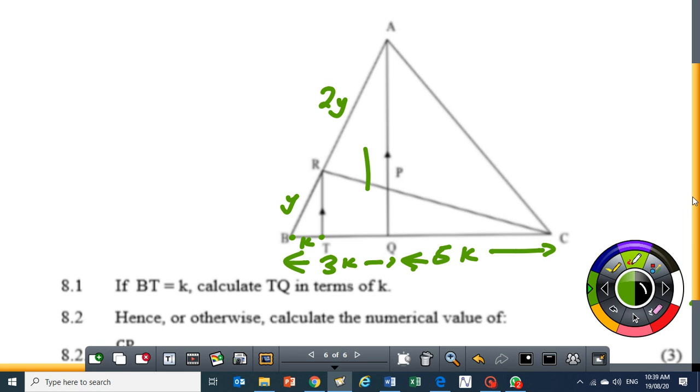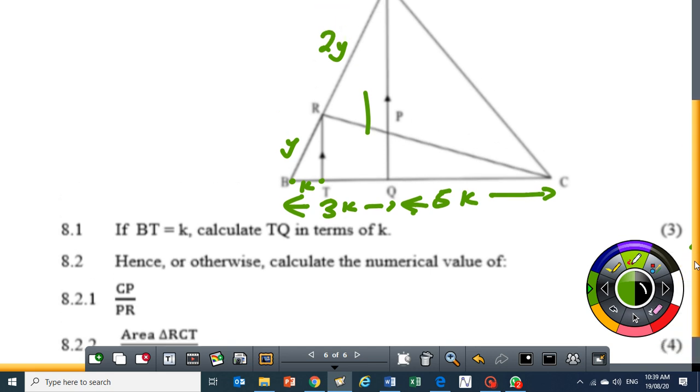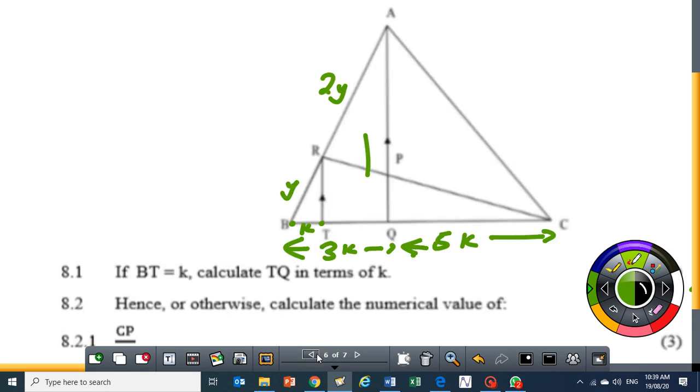Let me go to the next page. So my next question, let me write the question. It's 8.1.